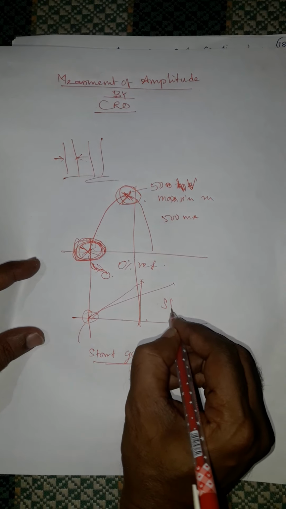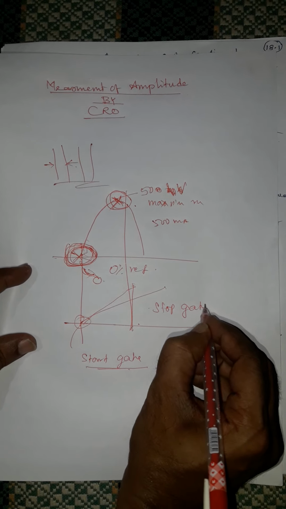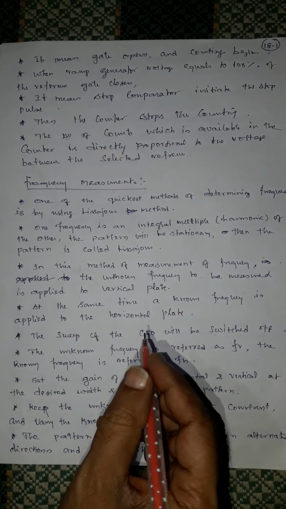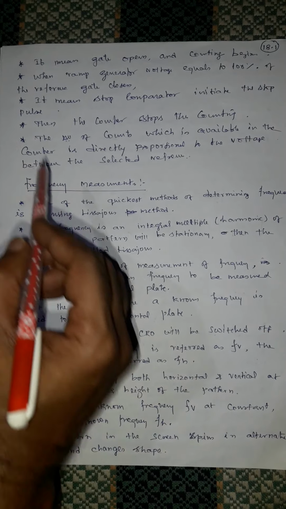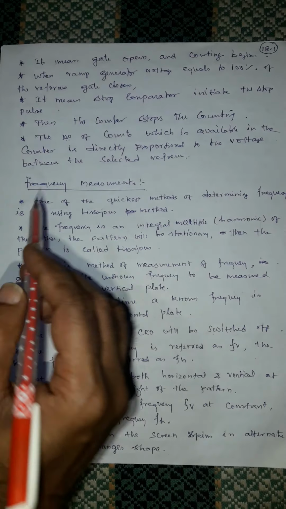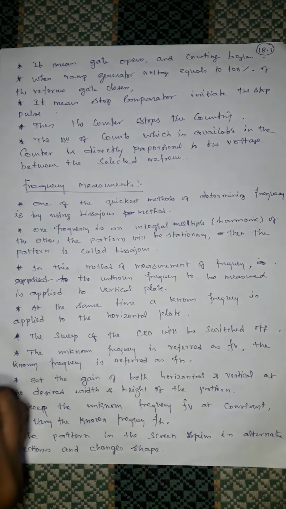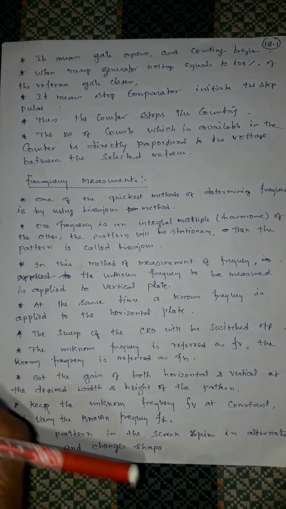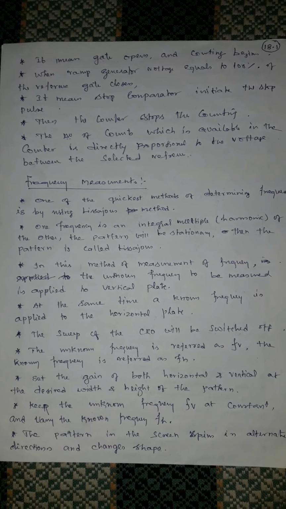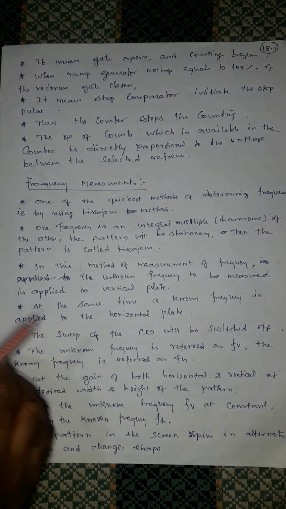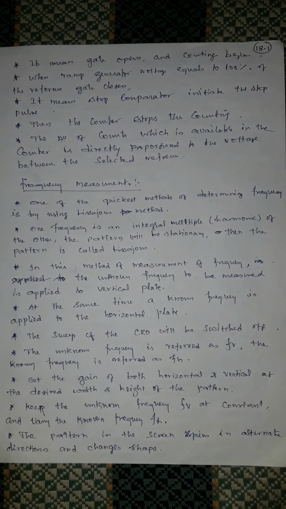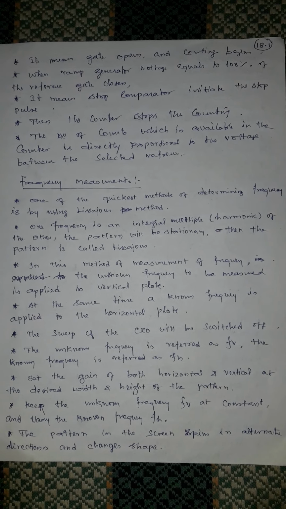The stop gate is initiated, and it initiates to stop the counter. That means the stop comparator initiates stopping the pulses. Then the counter stops the counting. The number of counts stored in the counter is directly proportional to the voltage of the selected waveform.